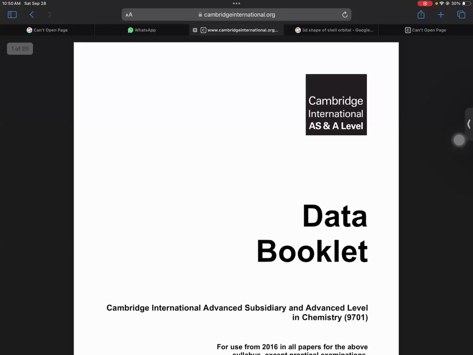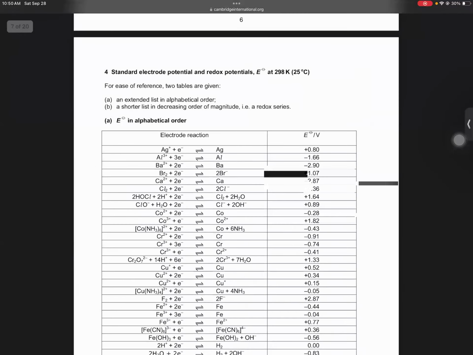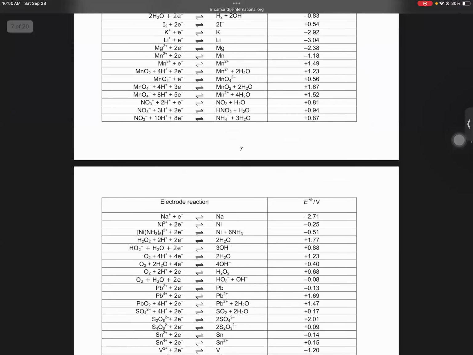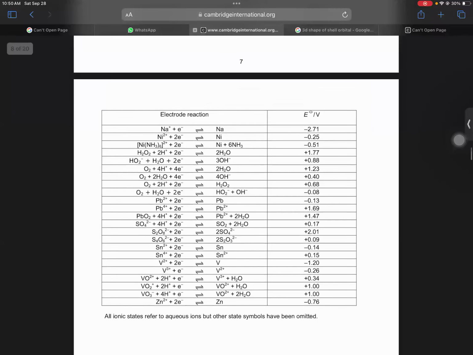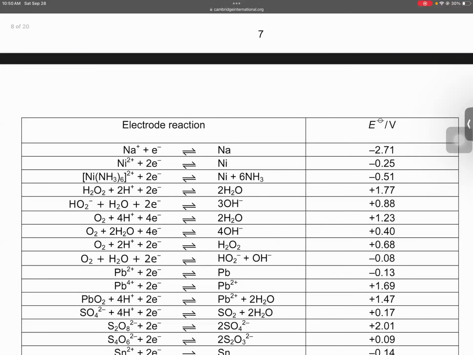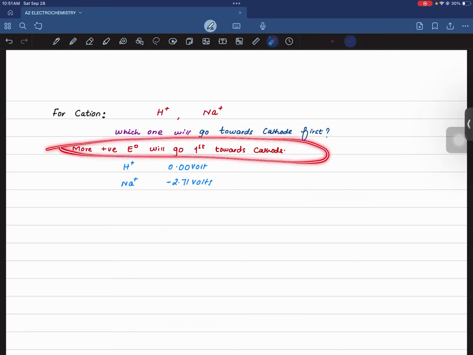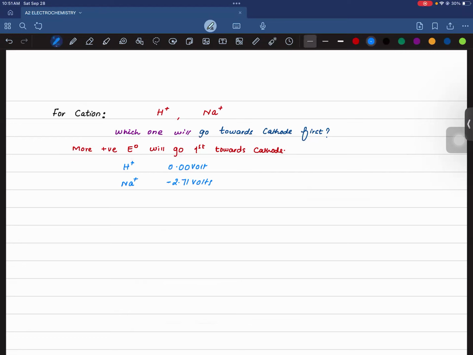Yes, for Na plus, the first equation shows that this is negative 2.71 volts. What I told you is that the more positive E naught value will go towards the cathode.